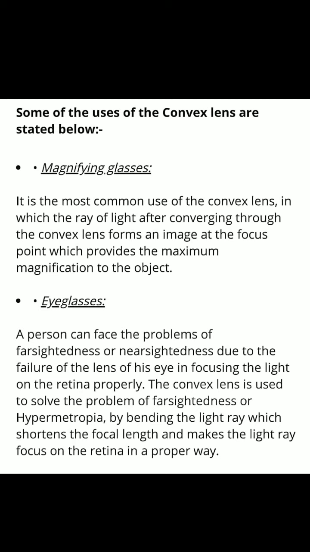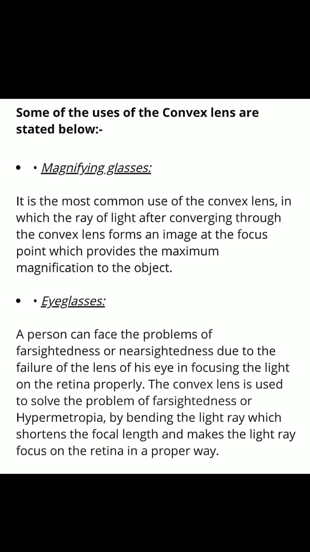In hypermetropia, what happens? We know that inside our eye, the image is formed on the retina. The retina acts as a screen. But those patients suffering from hypermetropia, the image will form behind the retina.